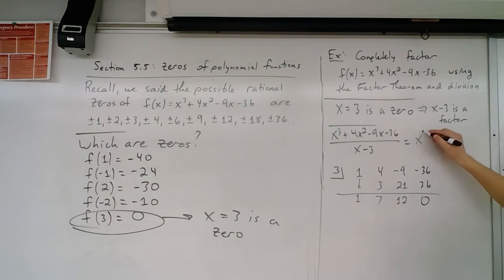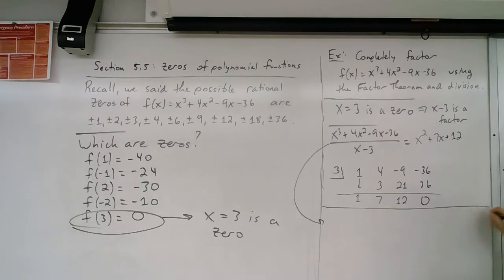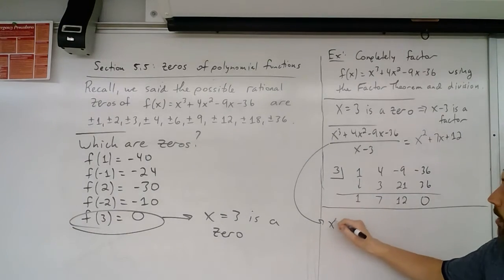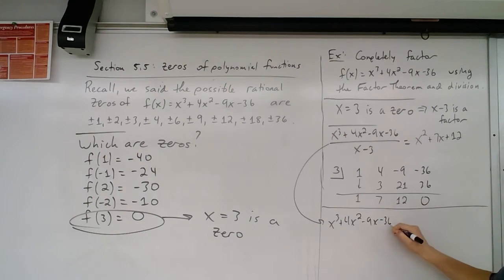This is going to be x squared plus 7x plus 12. So writing it in more of a factored form, we see that x cubed plus 4x squared minus 9x minus 36 is equal to x minus 3 times x squared plus 7x plus 12.